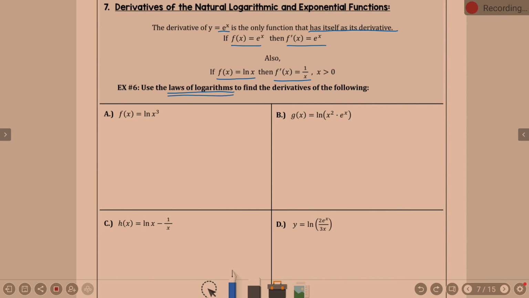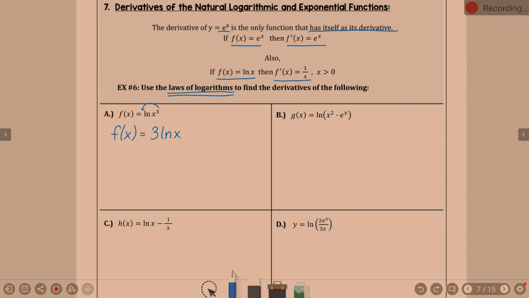We don't know the derivative of natural log of x cubed. What's the power rule of logs tell us we can rewrite this as? The power on a log can go out front. And now we have 3 natural log of x. Can I take the derivative of natural log of x with just a coefficient in front of it?